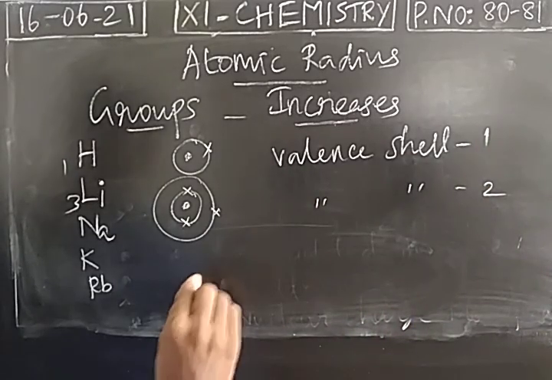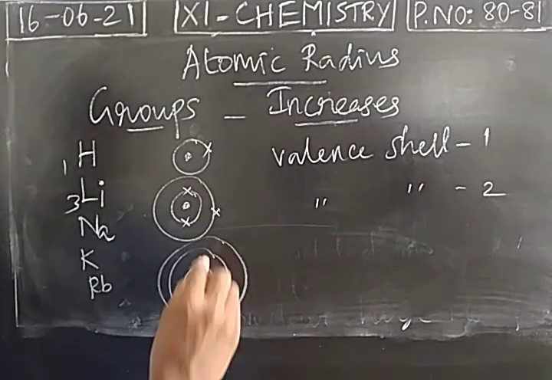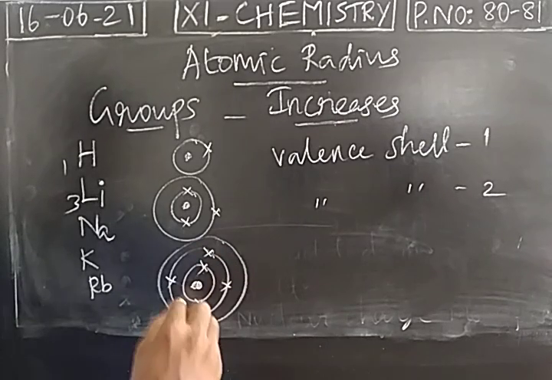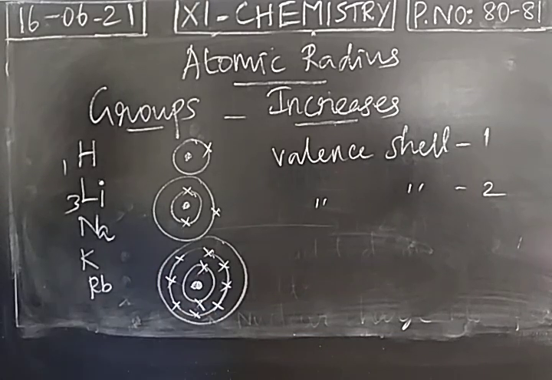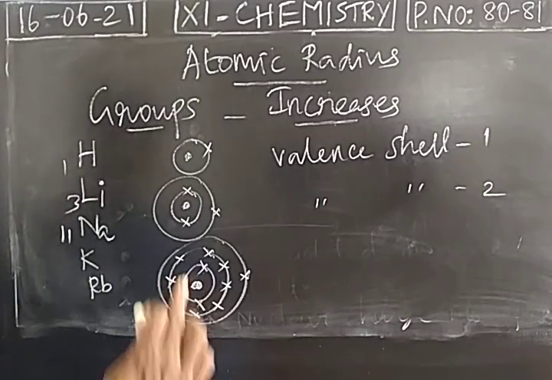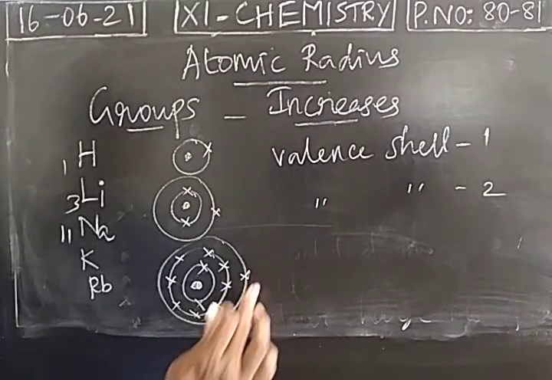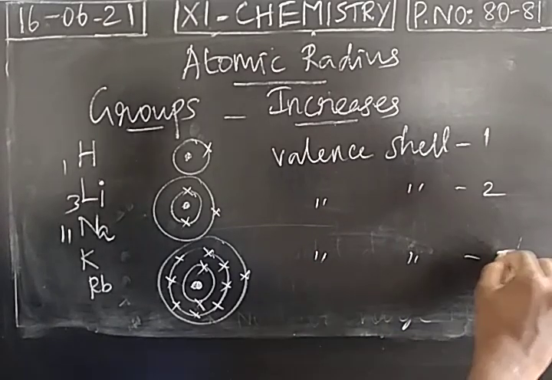And what about sodium? Atomic number 11. Sodium has 11 electrons, 2 electrons present in first cell, 8 electrons present in second cell, and 1 electron is in the third cell. So valence shell is 3.